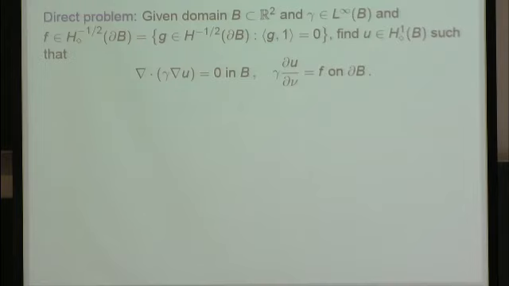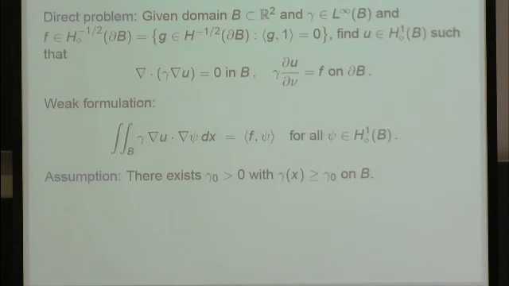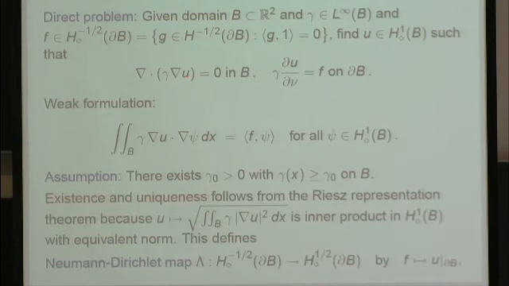Just briefly mention that you can also do the factorization method in EIT. I'm not going into that because time does not allow it. I just go through the formulation first of all. That is the classical problem in EIT, the weak formulation there, and existence and uniqueness.